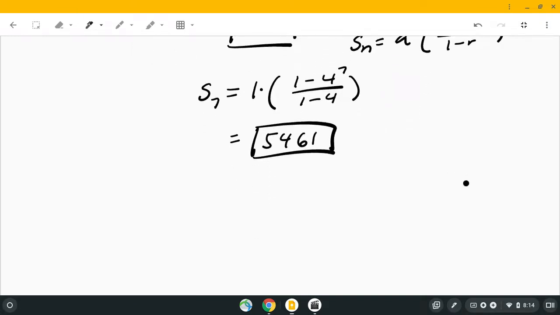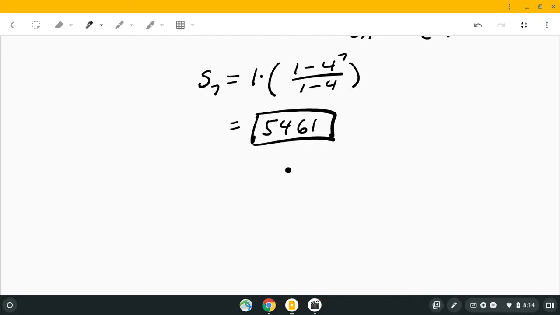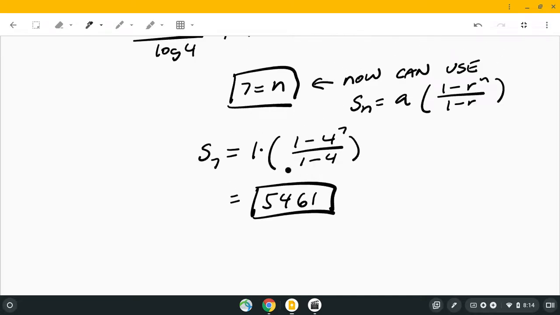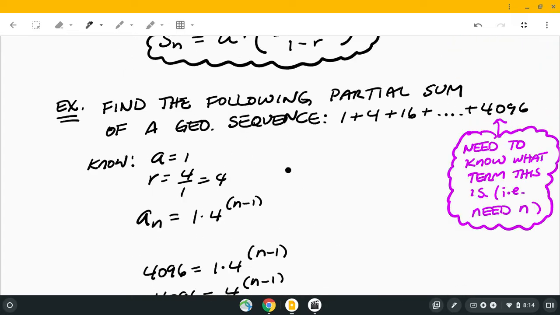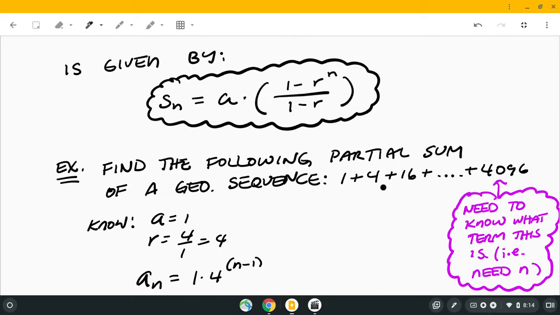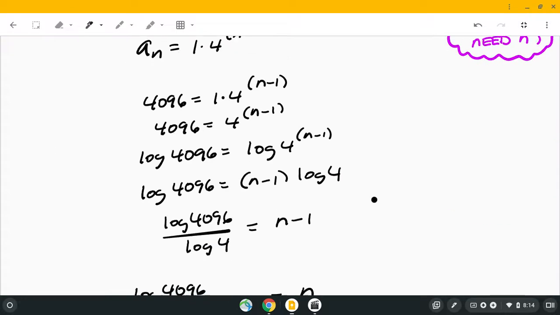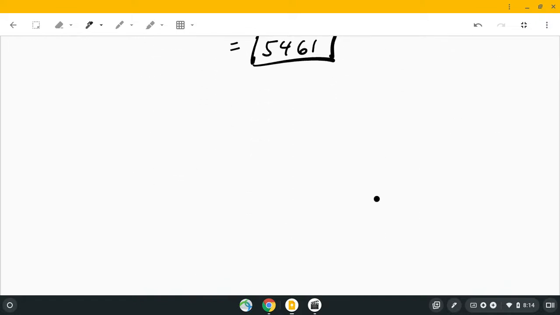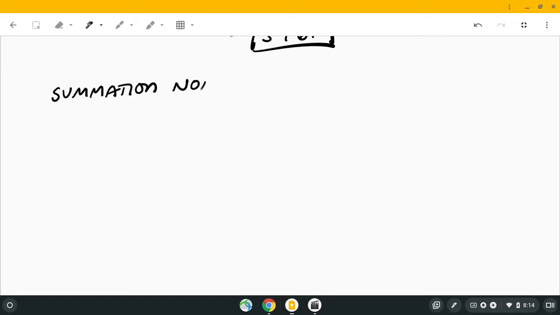All right, let's take a look at summation notation. Whenever we're doing sums, we can always use summation notation so that we don't have to write the problem out like this. So let's do that. Summation notation.